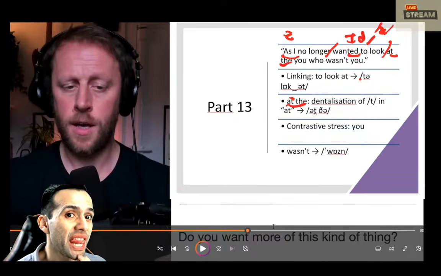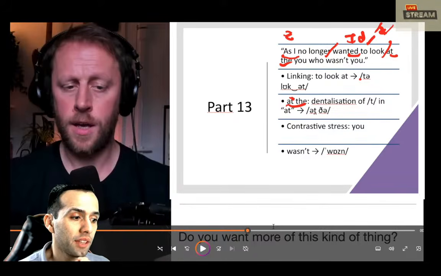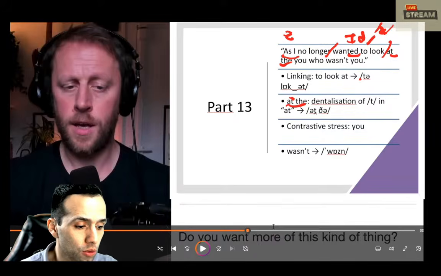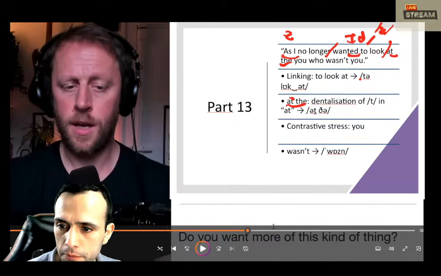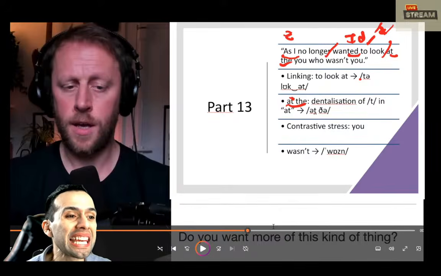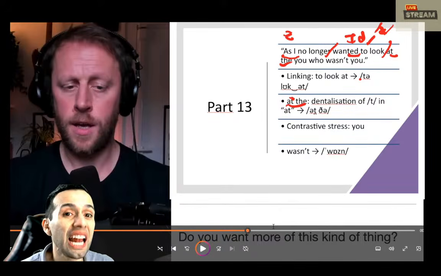But the previous t is an alveolar sound, which is this part right behind the upper front teeth.